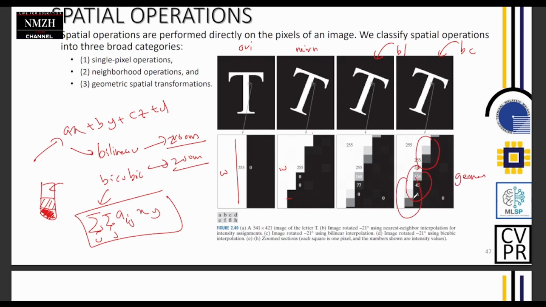So we can see over here there will be more pixels with several intensities in bicubic compared to bilinear, right? So that's the reason why bicubic is better than bilinear in the transformation concept of spatial. So that would be one example from the last video, the one that we discussed earlier.